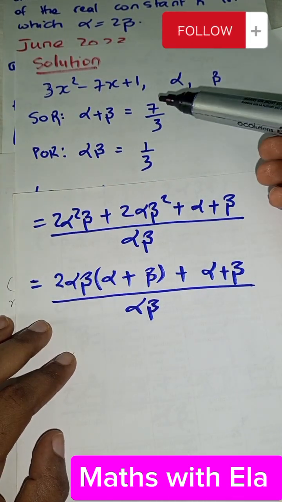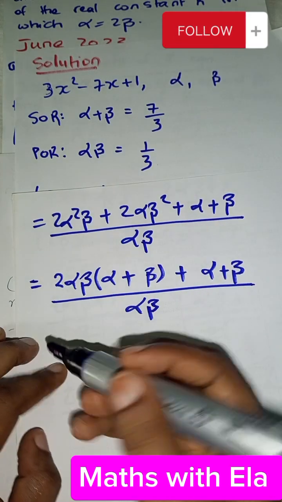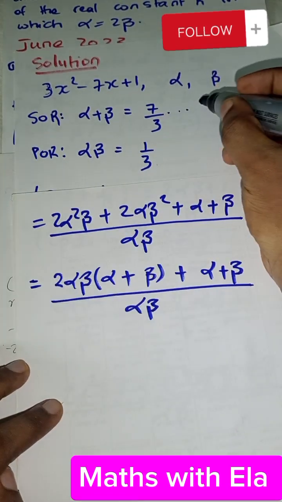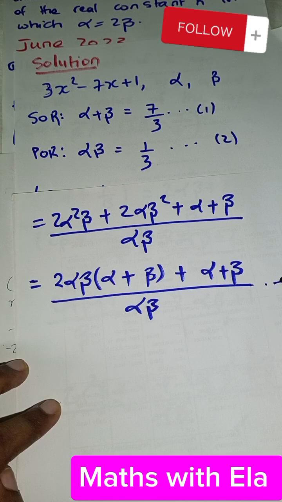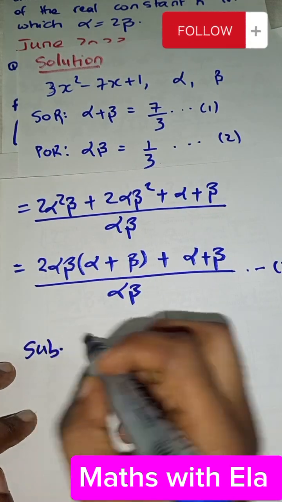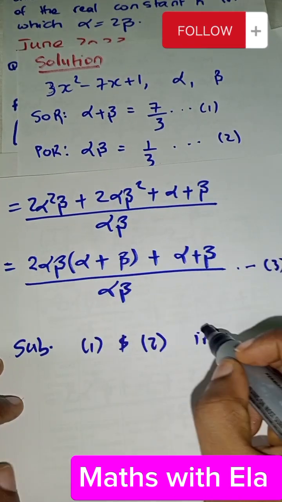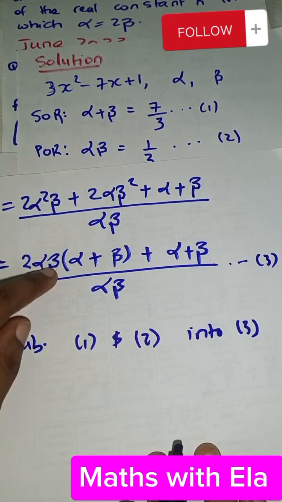So from here we had alpha plus beta as 7 on 3 and alpha beta as 1 on 3. So we just substitute. Let us call this 1. Let us call this 2. And let us call this 3. So substituting 1 and 2 into 3, we're going to obtain 2 alpha beta.